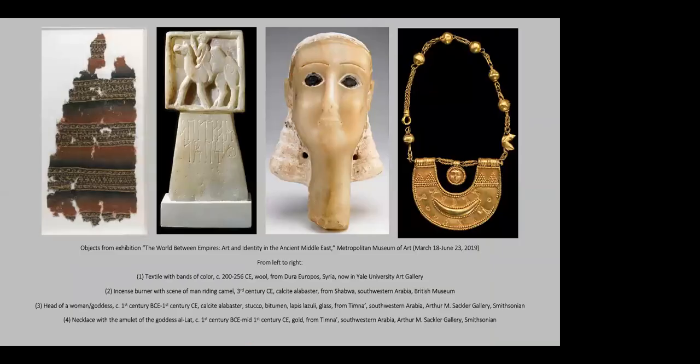Luxury goods like aromatics, such as frankincense and myrrh, were coming from Aksum, and here we're seeing in the second image from the left an incense burner with an image of a camel rider on it.